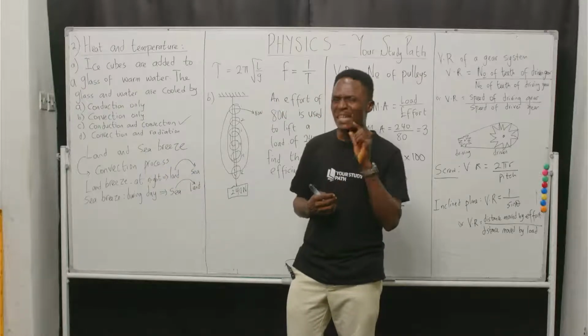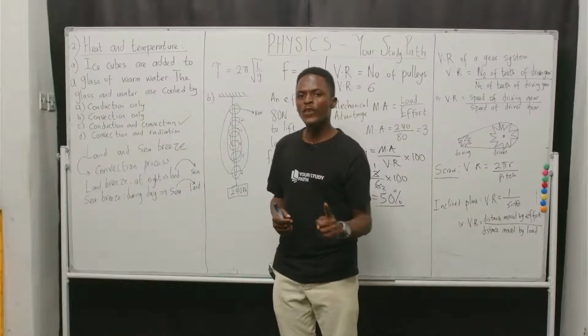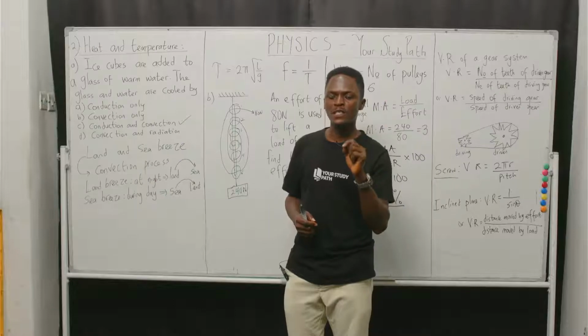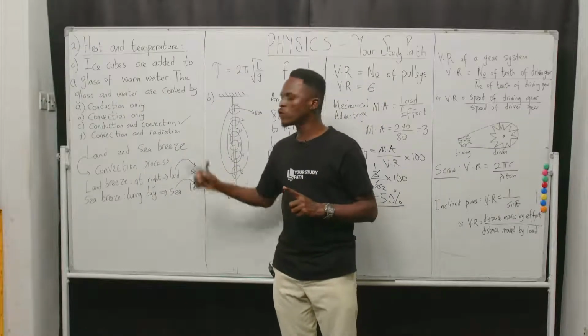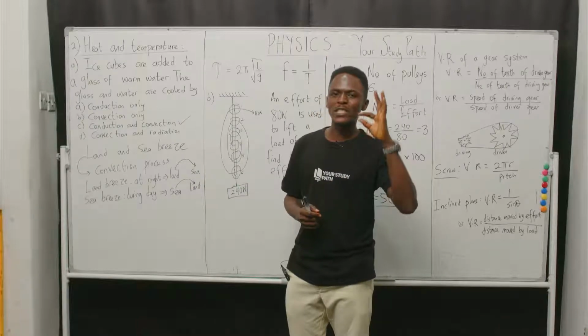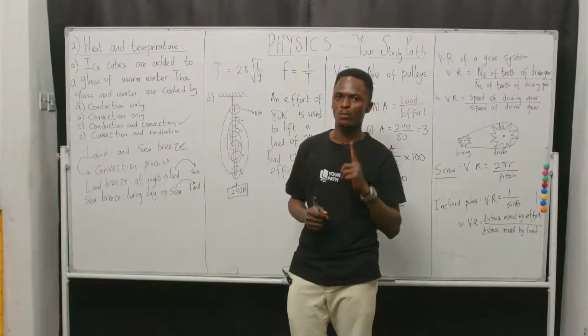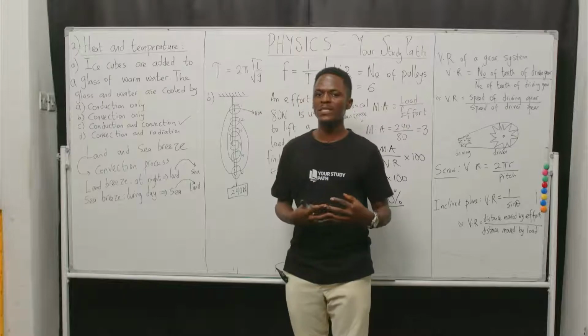All these are still layman terms. In physics, in your Jamb preparation, have it at the back of your mind that for these two, we deal with the specific heat capacity that they possess. What is specific heat capacity?